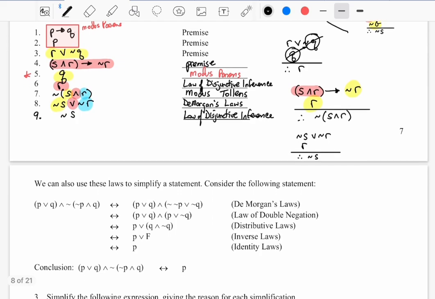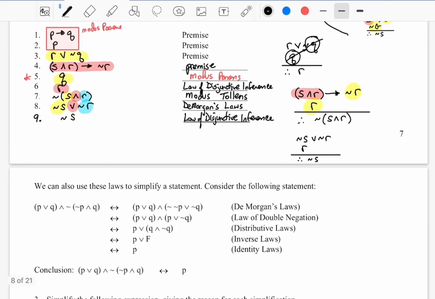I'll take you through one as a group, but I put a solved example here so that you can see that a sentence that's this complicated could be as simple as that. By these laws, what I'm concluding here is that P or Q and not P and Q is really just the same as P. Now you can put the context in there.